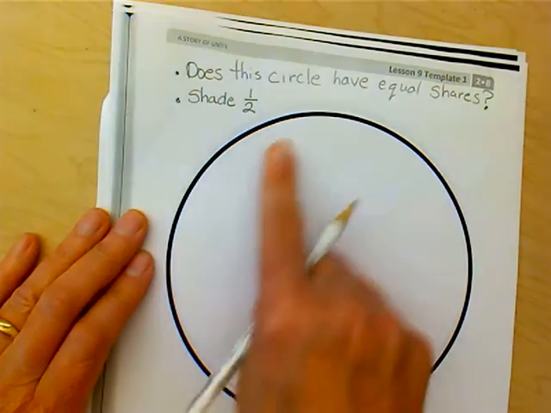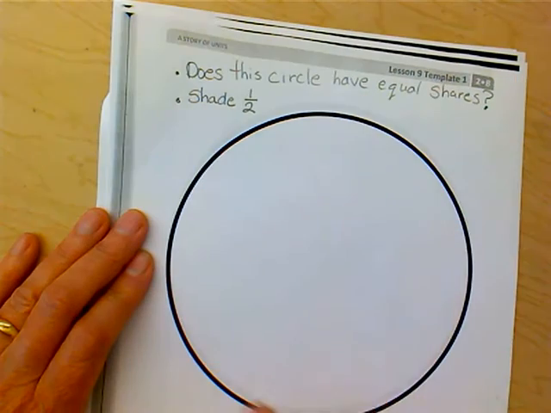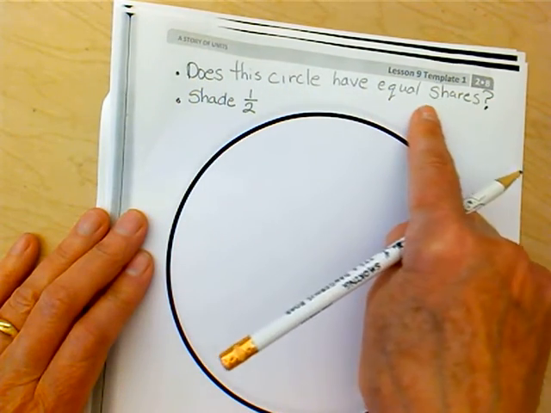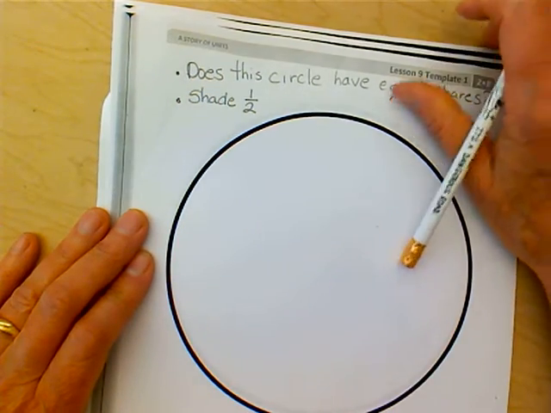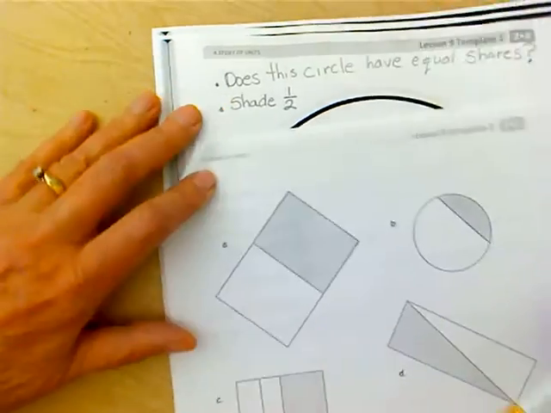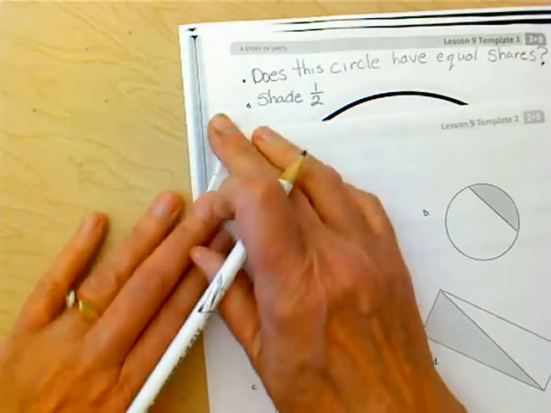Okay, so first of all, you're going to have to shade half of this circle. You're going to have to decide how you're going to divide it, and then you have to ask yourself the question, does what you did have equal shares? And then you're going to do the same thing on this one.